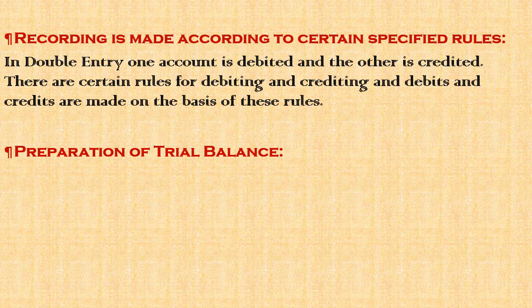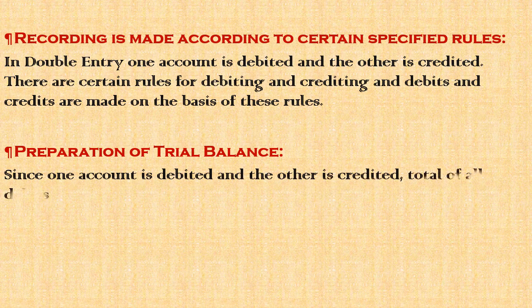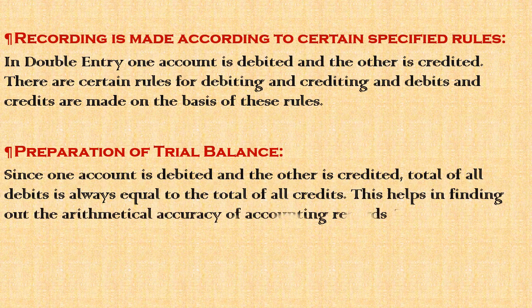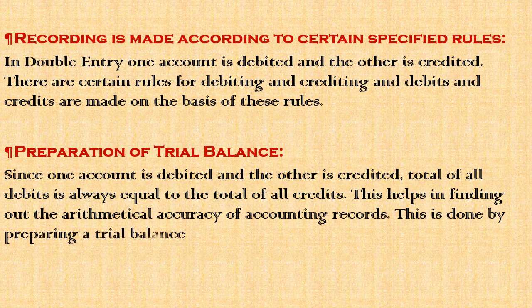Preparation of trial balance. Since one account is debited and the other is credited, the total of all debits is always equal to the total of all credits. This helps in finding out the arithmetical accuracy of accounting records, and it is done by preparing a trial balance.